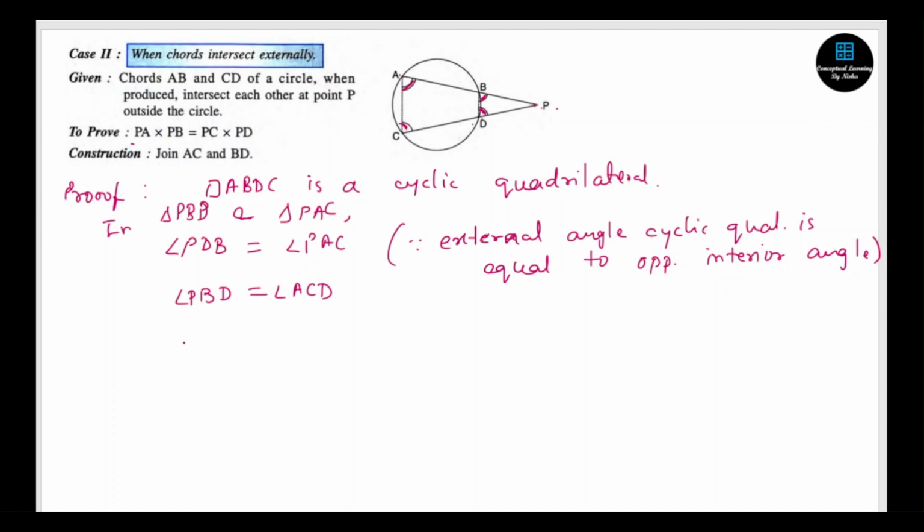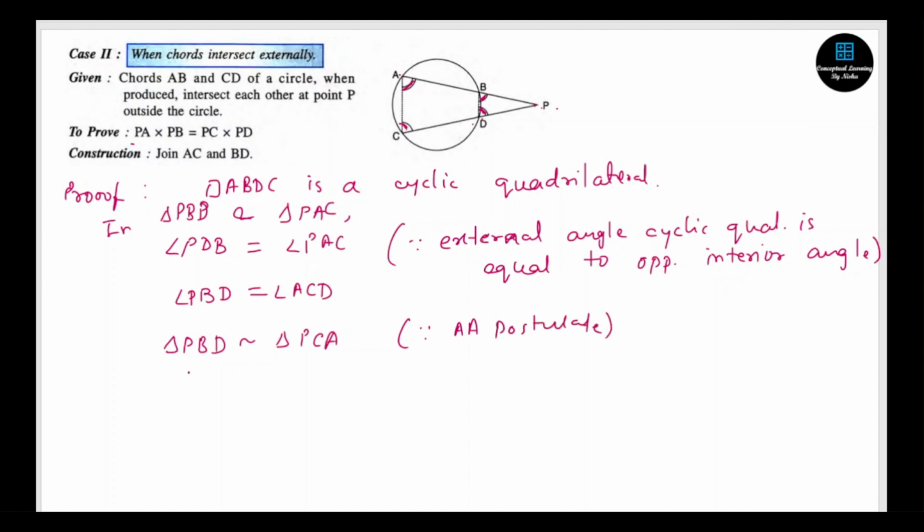Now, using AA criteria, tell me which is the similarity. Triangle PBD is similar to, now with P it is P only because they are common. Now when I talk about B, then it is C, and when I talk about D, then it is A, right? So this is the similarity, AA postulate.